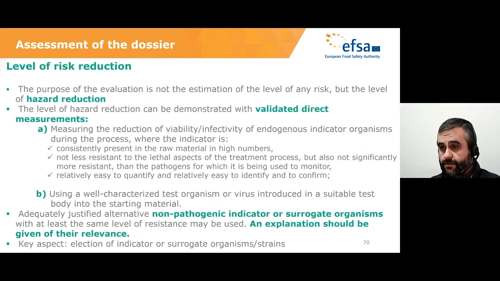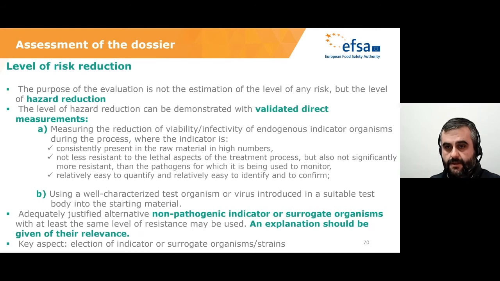So let's say we inoculate the starting material in a test unit, we introduce the material in the process in the equipment and apply the process, and then we enumerate that organism before and after the process and see the level of reduction that has been achieved. So that could be an experiment that an applicant could do or could commission to a lab.